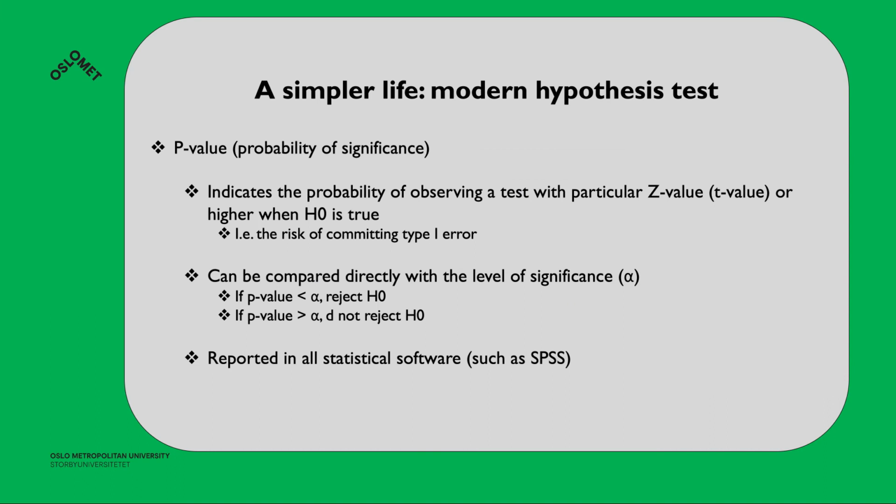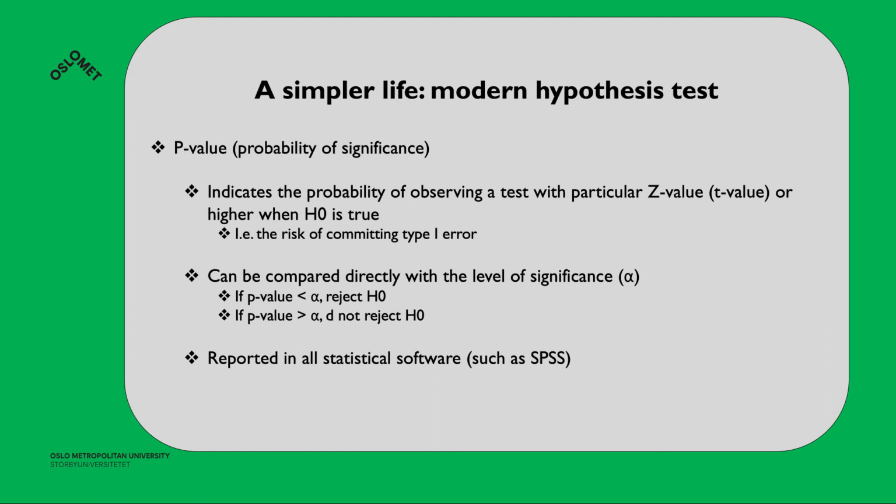Well, that was the theory behind hypothesis testing, but there is a simpler life. For many, this can seem a bit confusing, but there's actually a simpler way, and that's modern hypothesis testing.